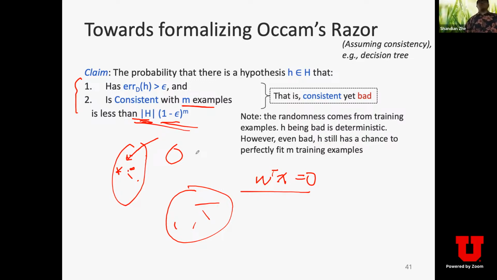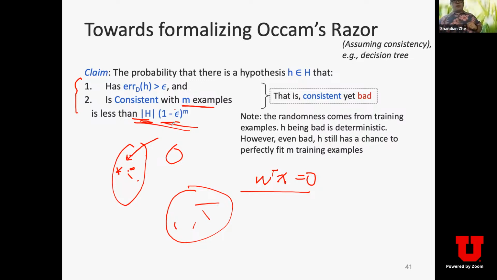It can have some bad generalization error, and this depends on the training set, because the training set is randomly drawn from data distribution D. So different sets of training examples may lead to different learned hypotheses, which lead to different generalization error, right?